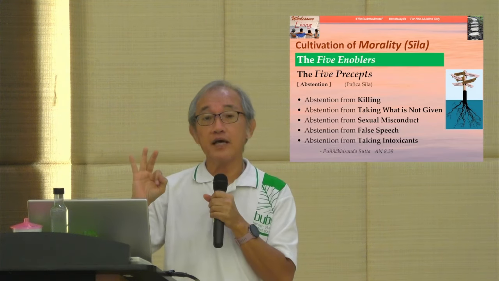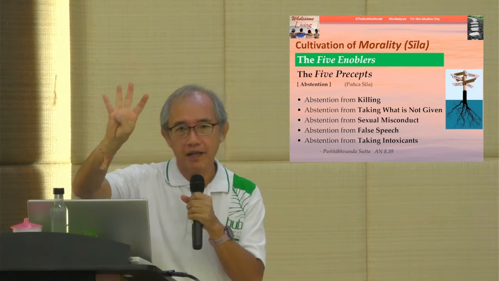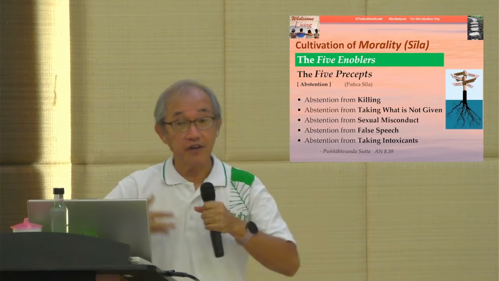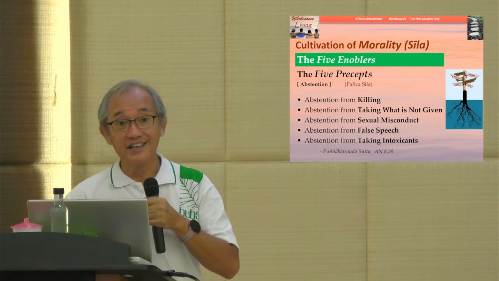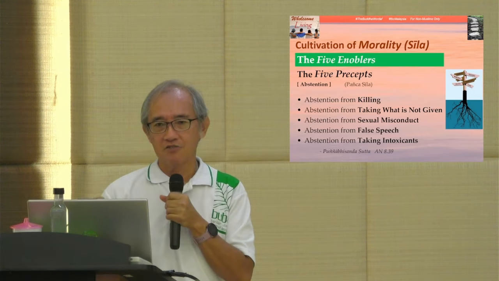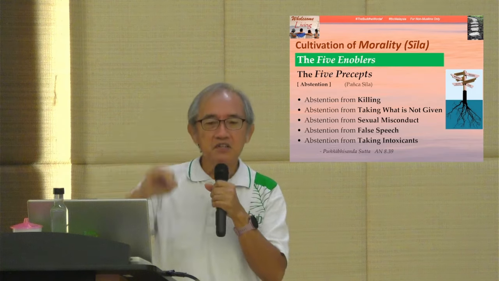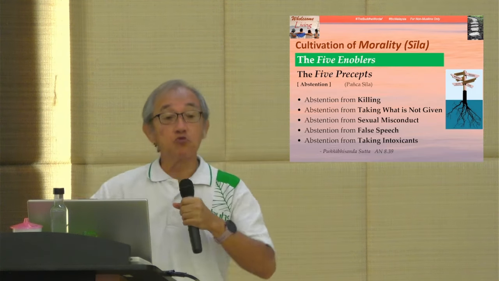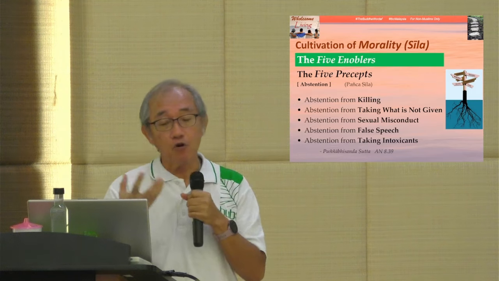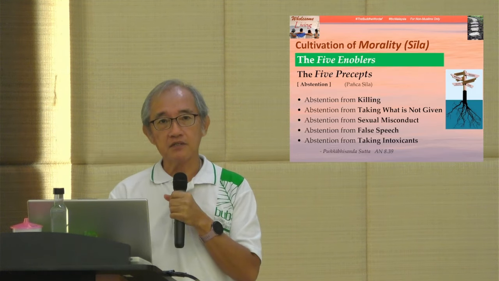The blood bank only accepts a maximum of 4 blood donations a year, because in between 3 months they must allow your body to recover and get strong again. So you can only donate a maximum of 4 times a year. So you want to cut it down a little bit, okay, 3 times a year, I try to do my best. And so on. So you must do something positive to cultivate. 5 ennoblers. Okay.